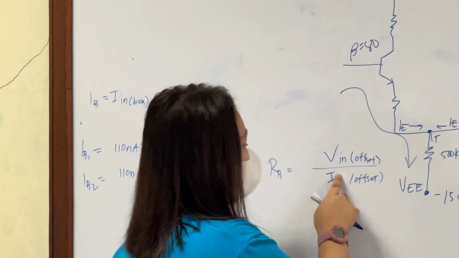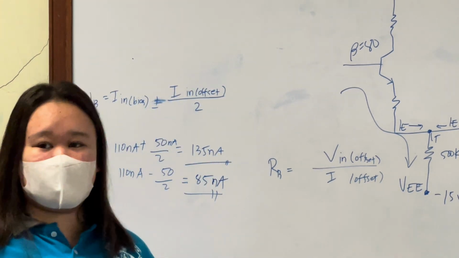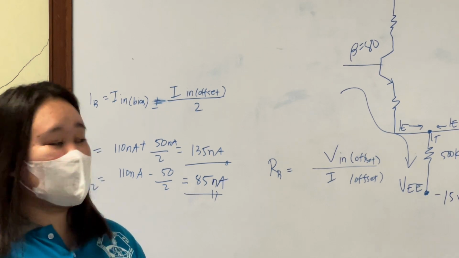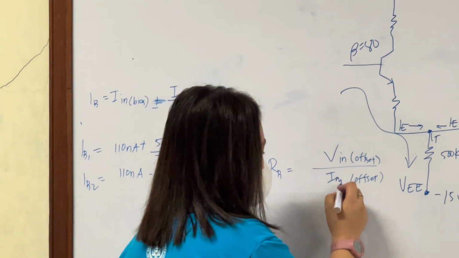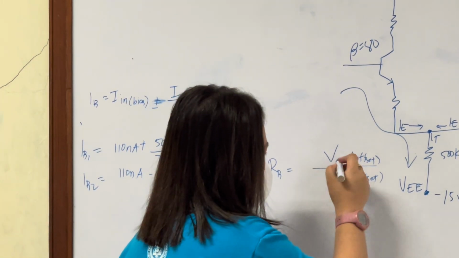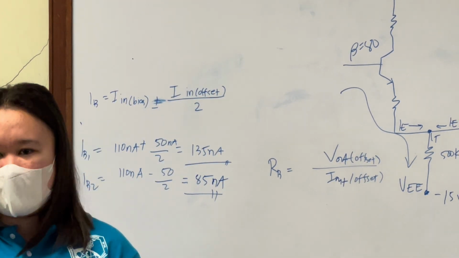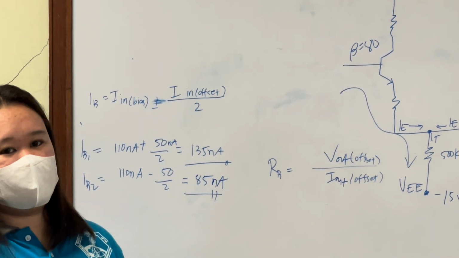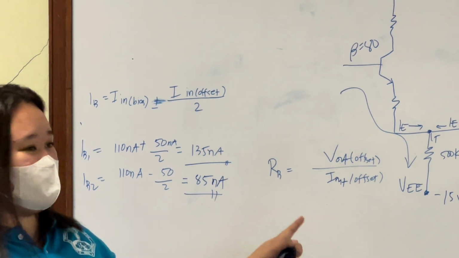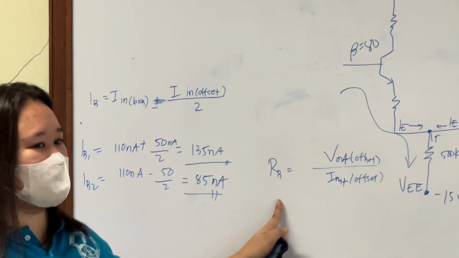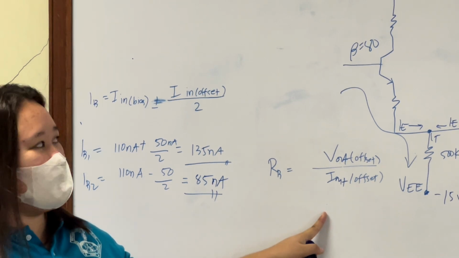Kung given na sila duha, you can directly substitute na values. Kung dili given, kung output, voltage output po. Dapat same sila regardless sa RB. Basta input. Kung output, output resistance.